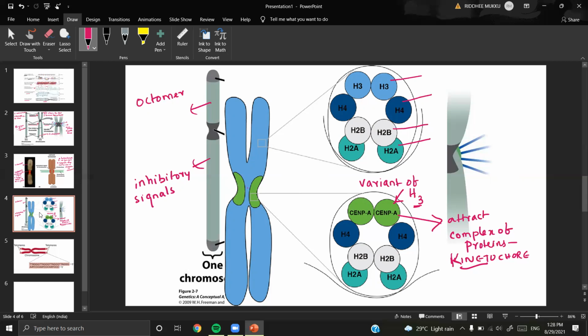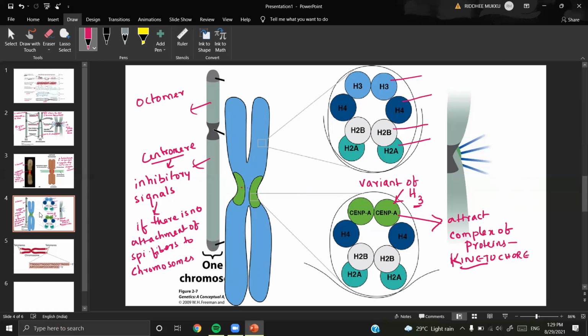And those inhibitory signals are also being sent by the centromere only. So the centromere is sending the inhibitory signals if there is no attachment of spindle fibers to the centromere, that is, to the chromosomes. So this is also a most important functionality of the centromere.